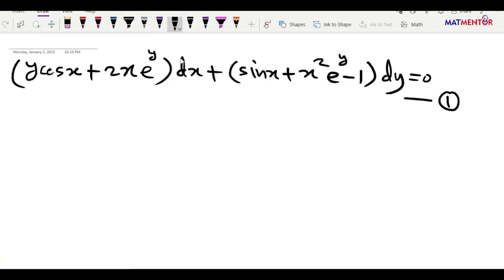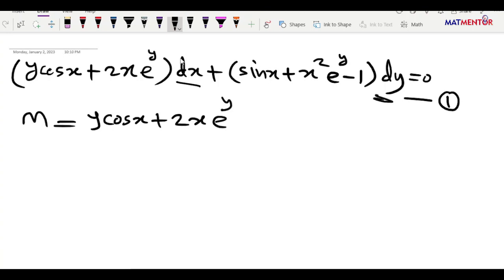So here, the expression with dx will be our M, and the expression with dy will be our N. So M is y cos x + 2x e^y, and N is sin x + x² e^y − 1.